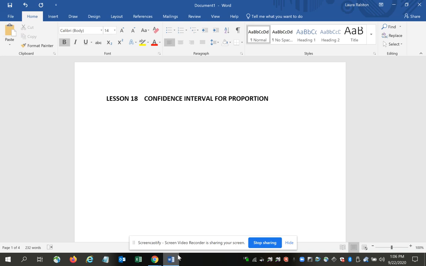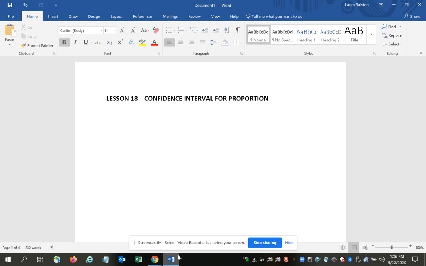In Lesson 16, you looked at a confidence interval for the mean, where you were given or knew the population standard deviation. Then in Lesson 17, you also looked at a confidence interval for the mean when you did not know the population standard deviation.